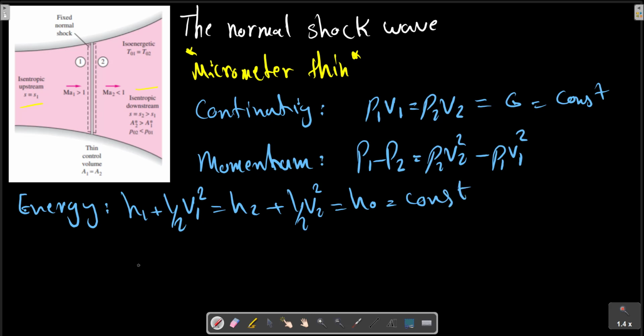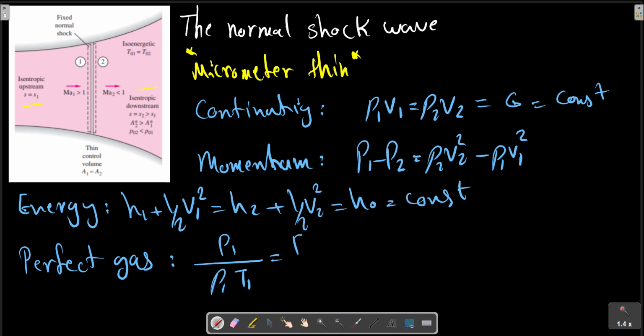The energy is constant. And for a perfect gas, the relation is P1 equals rho 1 R T1, P2 equals rho 2 R T2.